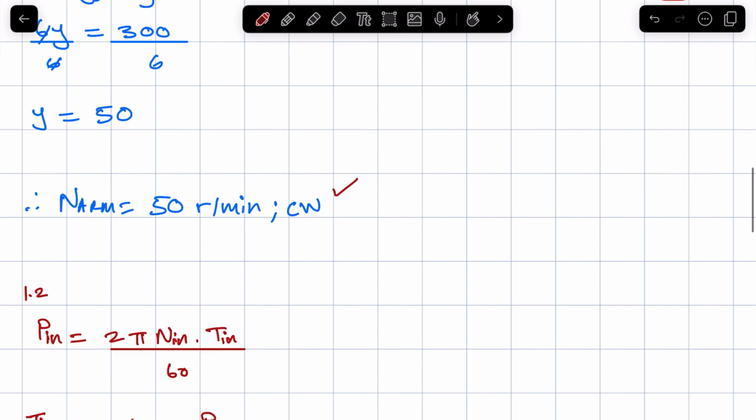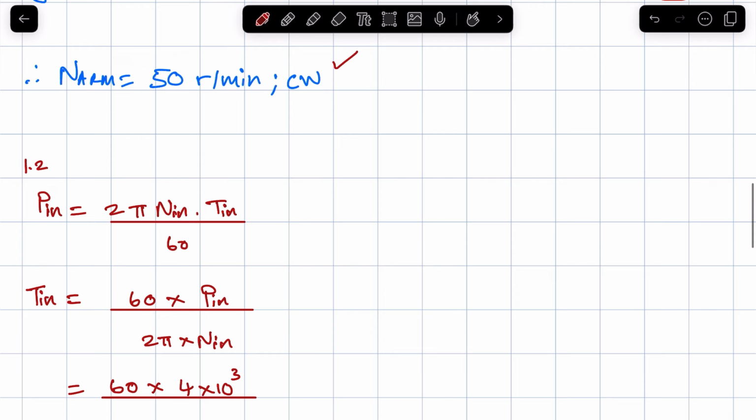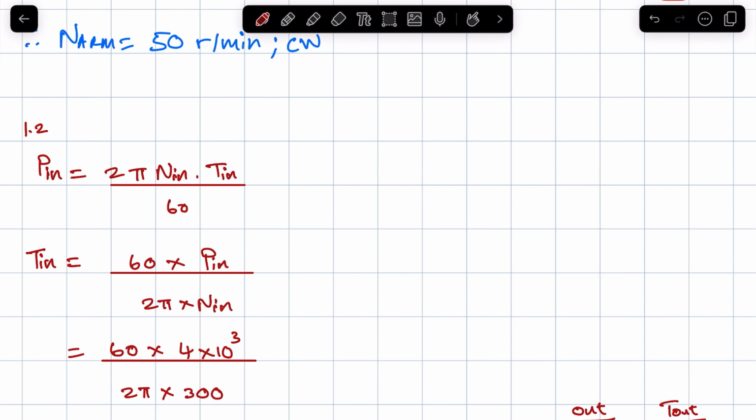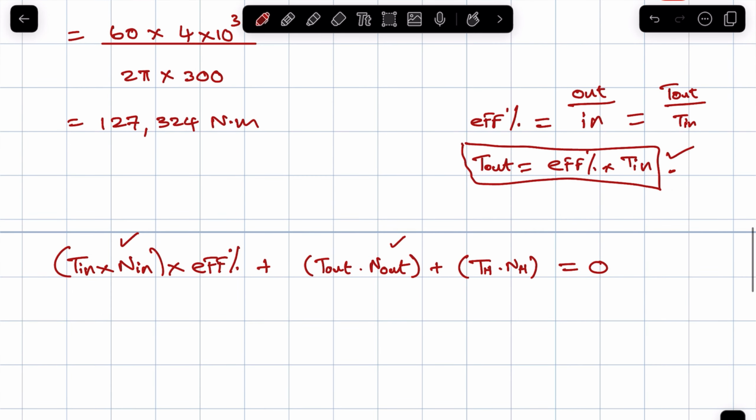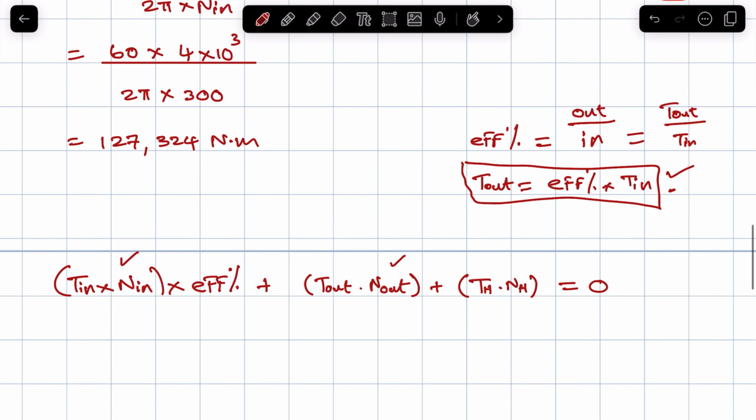So essentially we have the rotational frequency of the output shaft, right? And then we don't have the braking torque, but we know that the rotational frequency of the gear that's being held is equal to 0. So essentially this here will be equal to 0. So we can use this condition of equilibrium to get torque out, right?